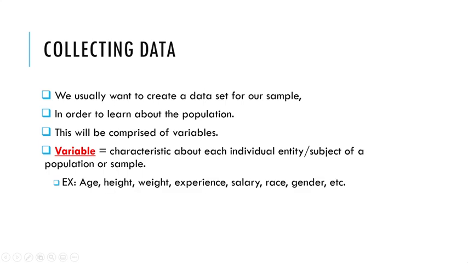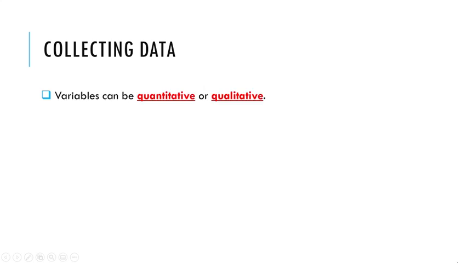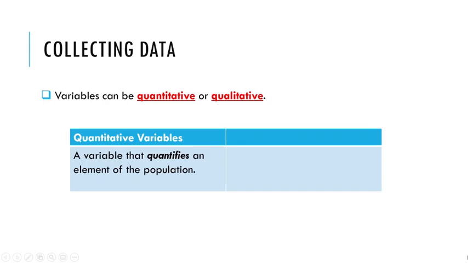So what might be variables of interest? Well, depending on our study, age, height, weight, experience, salary, race, gender, these are all variables. And so clearly I need the ones that would be relevant for my particular study. Now we can divide the idea of variables further by understanding that variables can be either quantitative or qualitative. Quantitative variables are going to be those variables that quantify an element of the population.